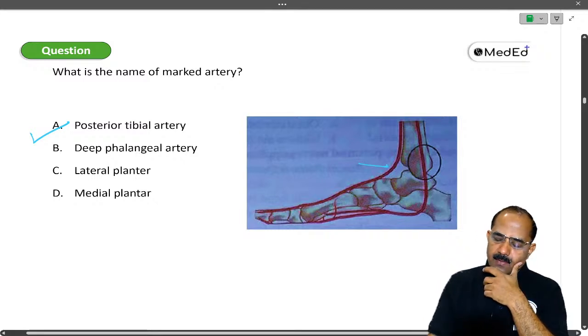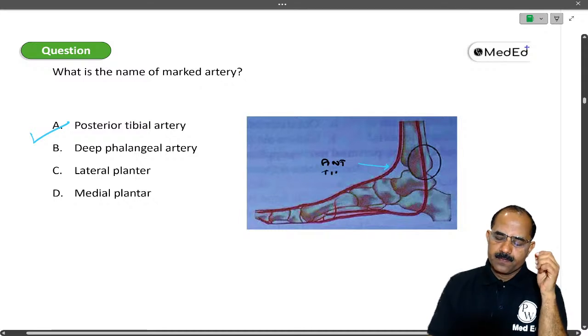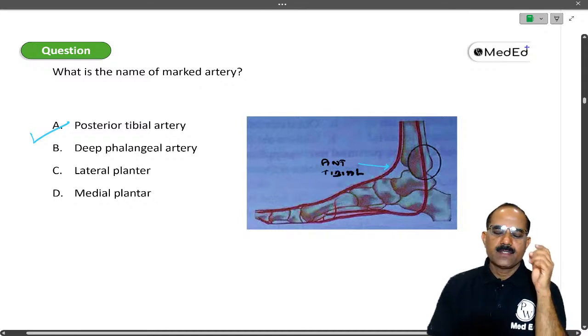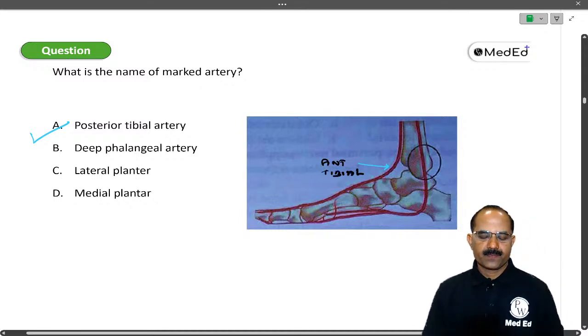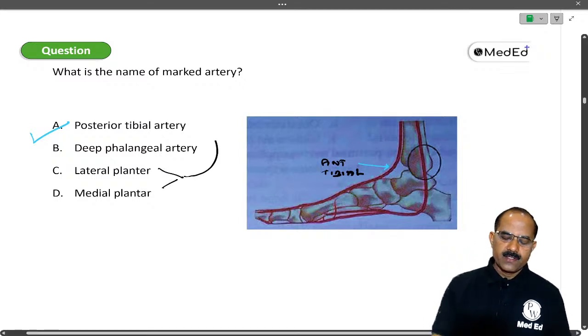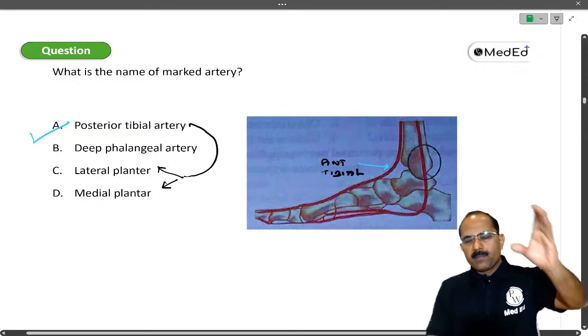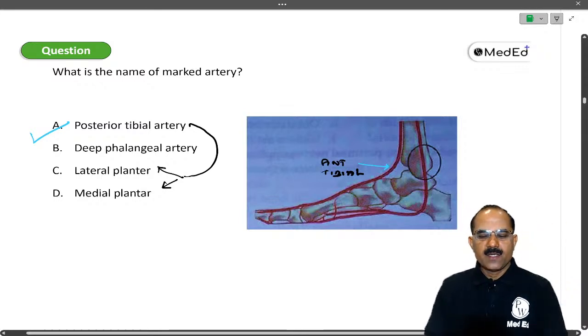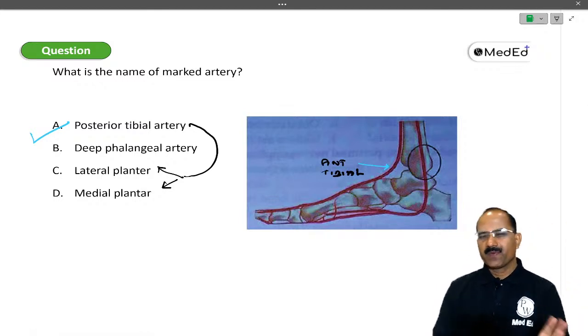Which is this artery? This artery is anterior tibial. Yes. Medial and lateral plantar are branches of posterior tibial artery. ठीक है बच्चों? Very good.